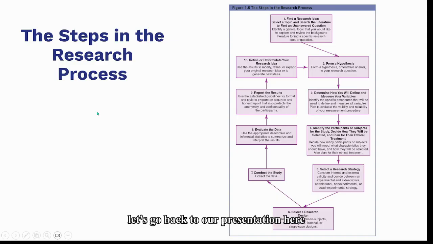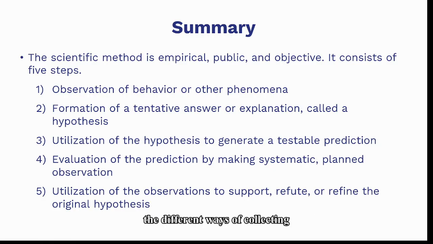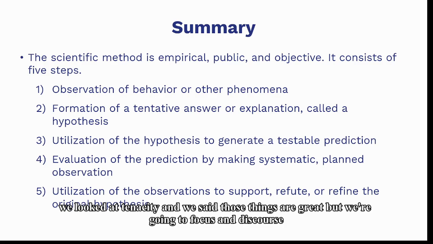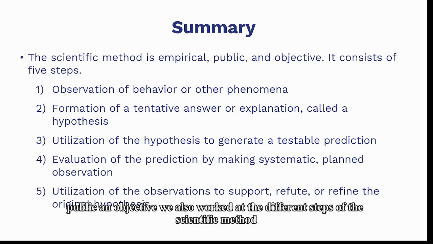Let's go back to our presentation here. So to summarize this particular video, we talked about the different ways of looking at data: authority. We looked at tenacity. And we said those things are great, but we're going to focus in this course on the scientific method, which is empirical, public, and objective.